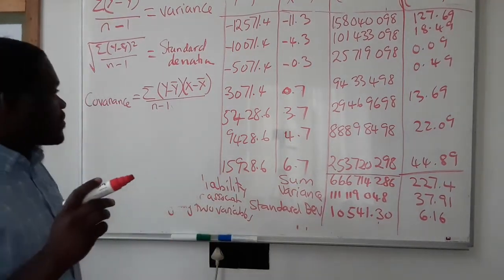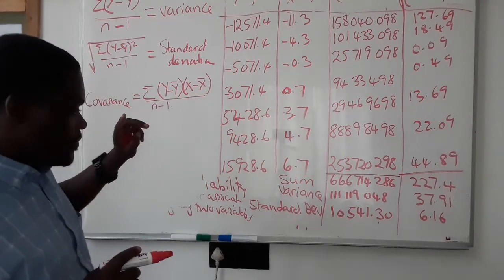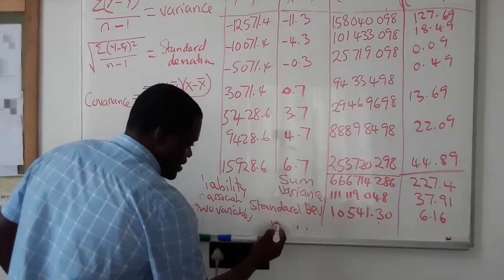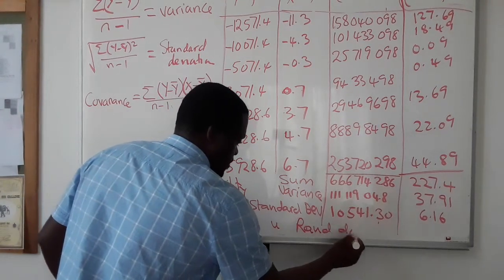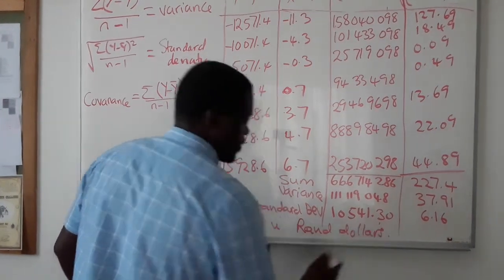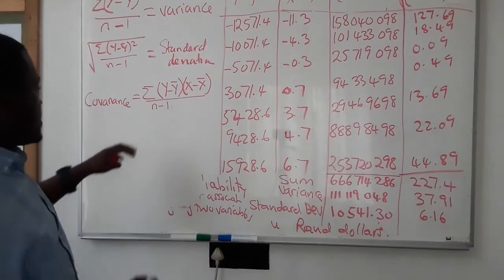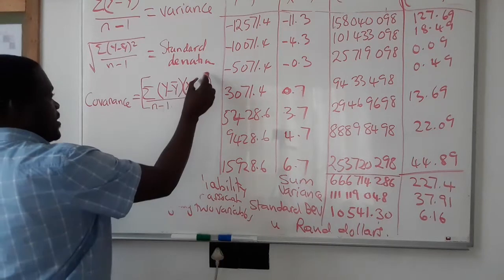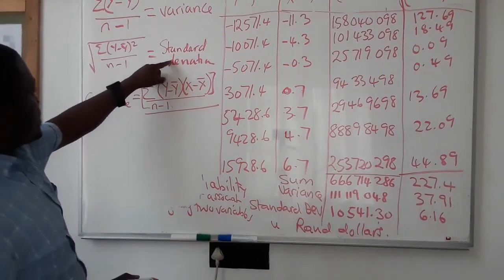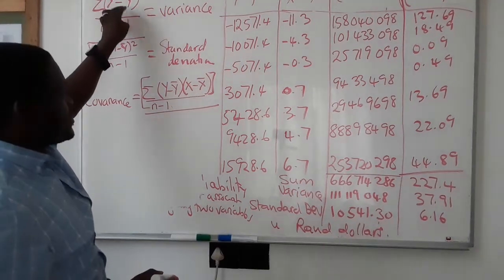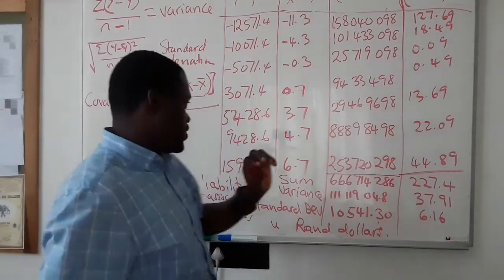If we want to eliminate the units of measurement, which is our rand dollars, what we have to do is divide this number by the standard deviation of wages and the standard deviation of education.